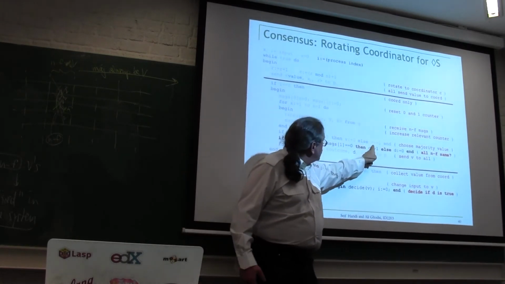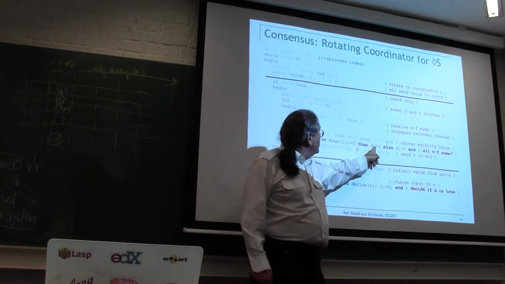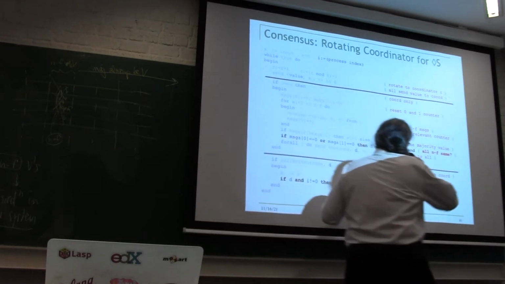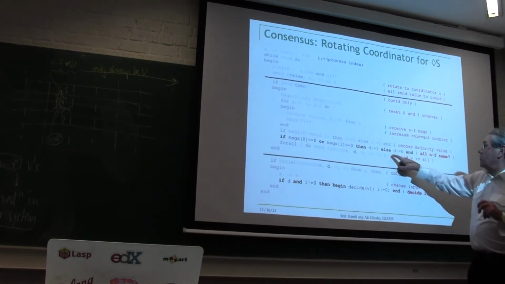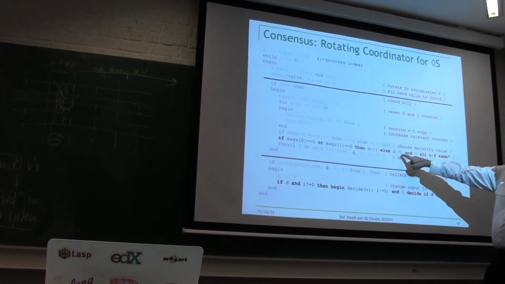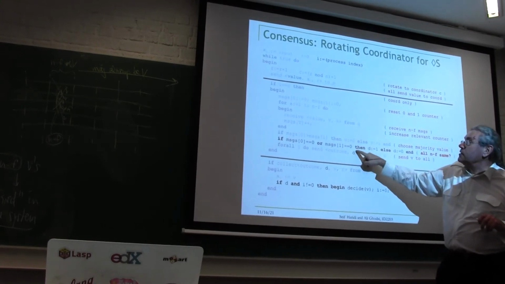Then we can decide. So we add this Boolean variable, d, for decision. And if all n minus f are the same, I will make d equal to 1, otherwise d equals 0. And when I send the value, I will also send the d.